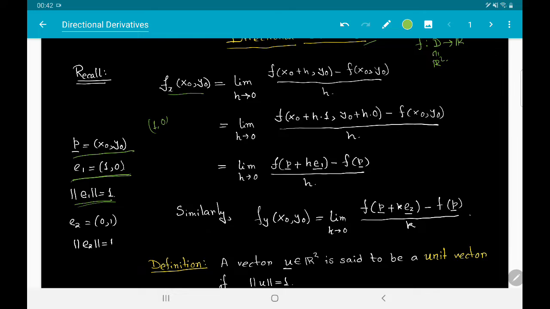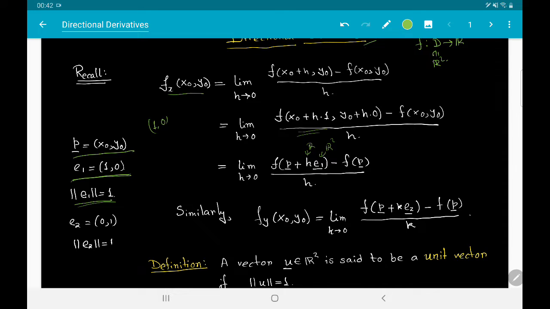What we can say from here is that this expression is the same as f of p plus h times e1. This is a scalar product of a vector: h is a scalar, e1 is a vector, so we have multiplied h by e1.